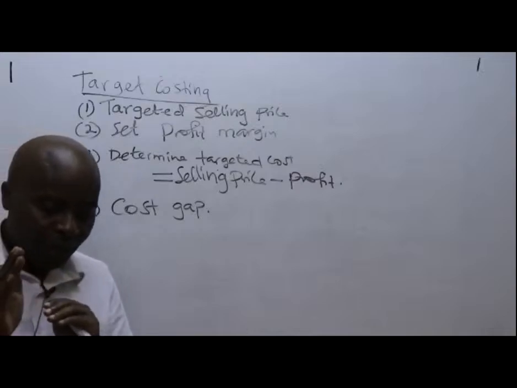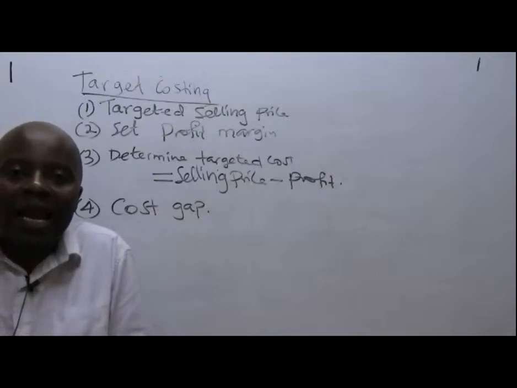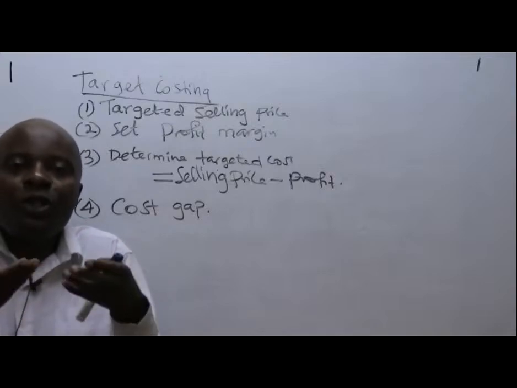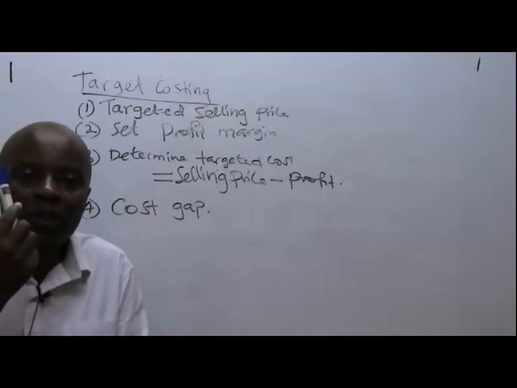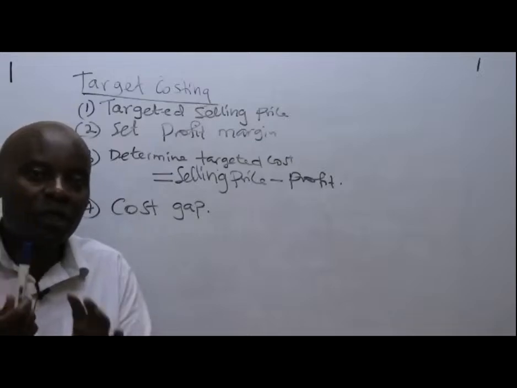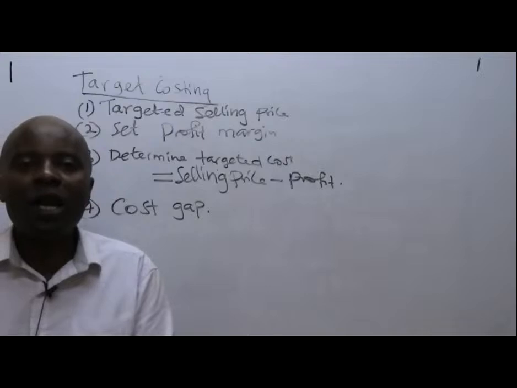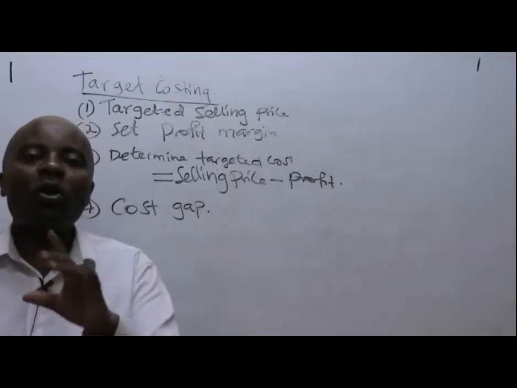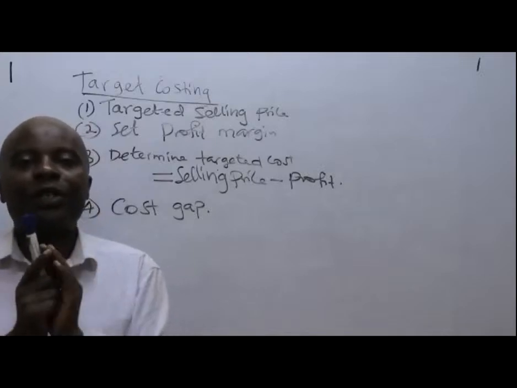Ladies and gentlemen, remember our targeted cost is the cost that we plan to incur to produce our products. So if you're producing pens of this nature, it's a Japanese concept, you sit down before you start any production and set your cost and say that this pen, there is no way it will cost me more than 8 shillings.